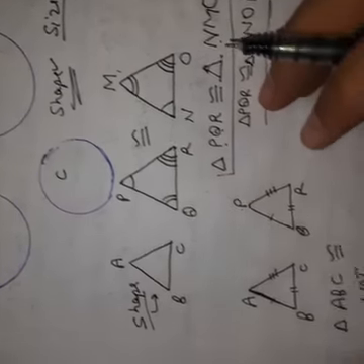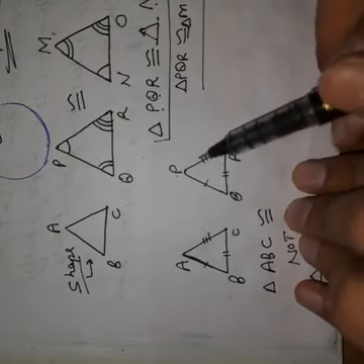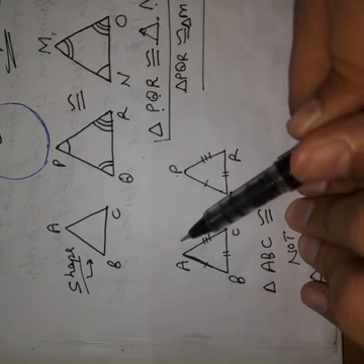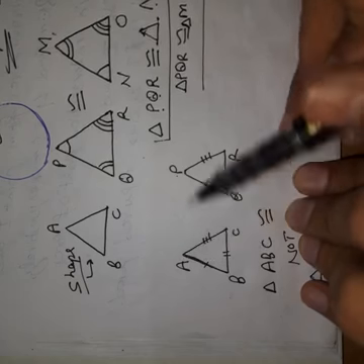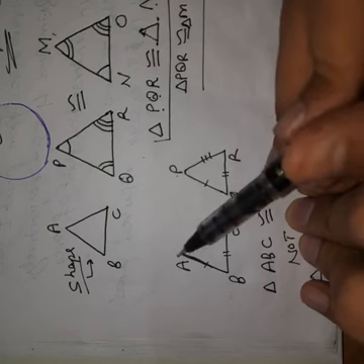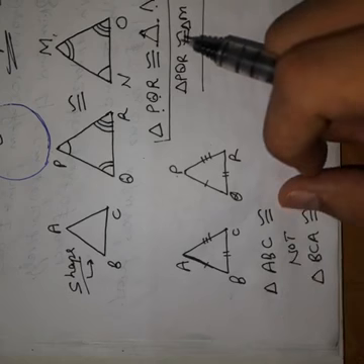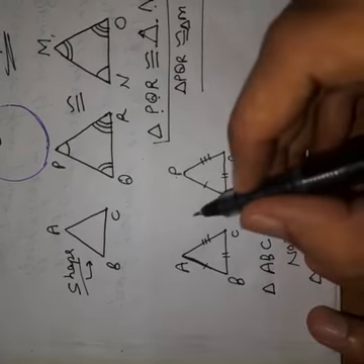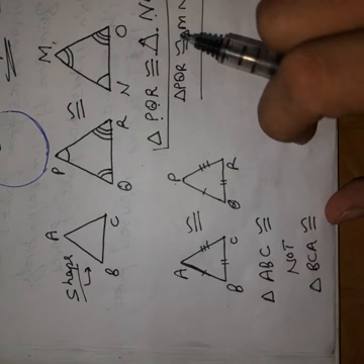Now I will explain if sides are also equal. For example, in triangle ABC and PQR, side AB is equal to side PQ, side BC is equal to side QR, and side AC is equal to side PR, because we know that if two triangles are congruent, then their corresponding angles and their corresponding sides, all the three angles and all the three sides will be equal.